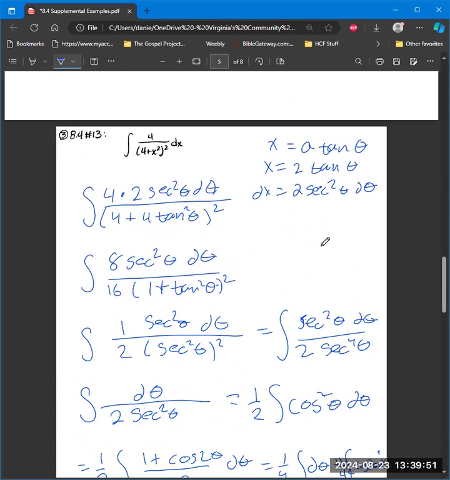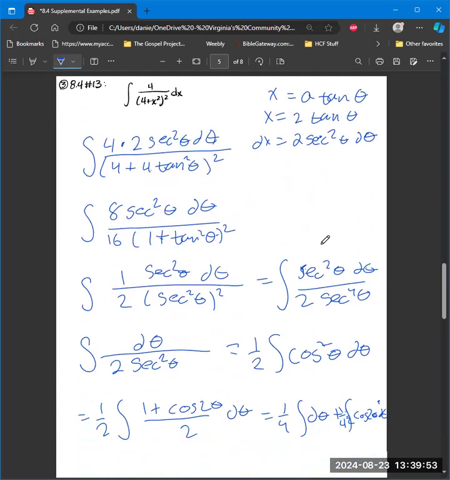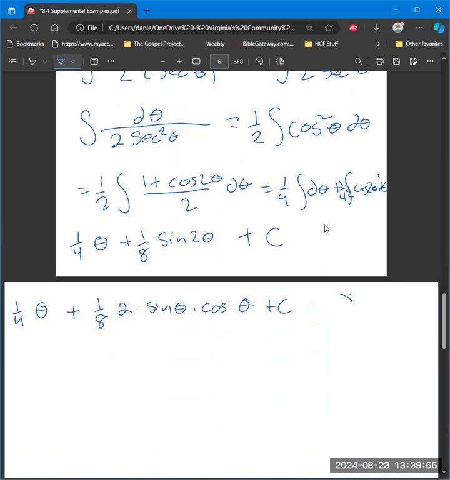The x was equal to a tan theta, so x over a, or x over 2, is equal to tan theta. There's theta, there's x over 2. And that makes this square root of x squared plus 4, or 4 plus x squared, whichever order that was in.